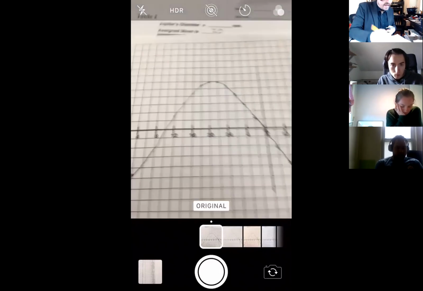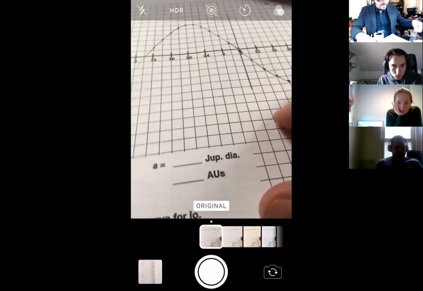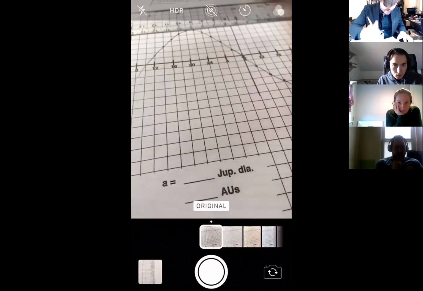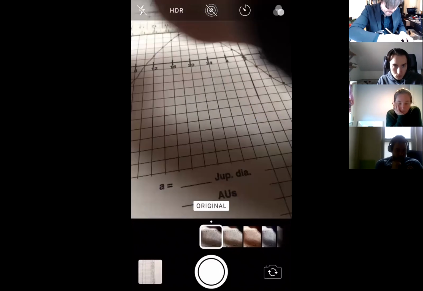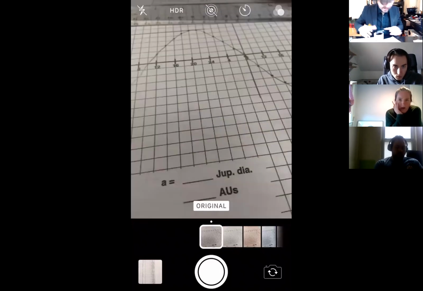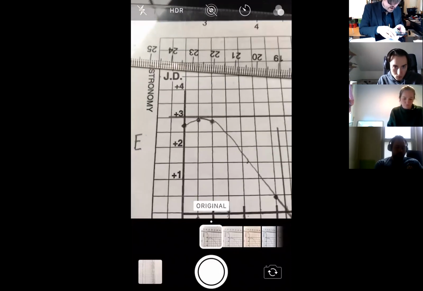So we have to get the amplitude of the function. And I can do that by sort of scraping top or bottom here. It kind of looks like the amplitude of the function is, honest to God, sort of right at 3.0 Jupiter diameters.